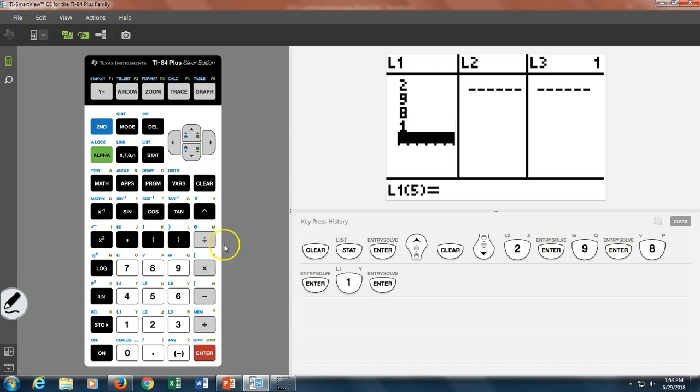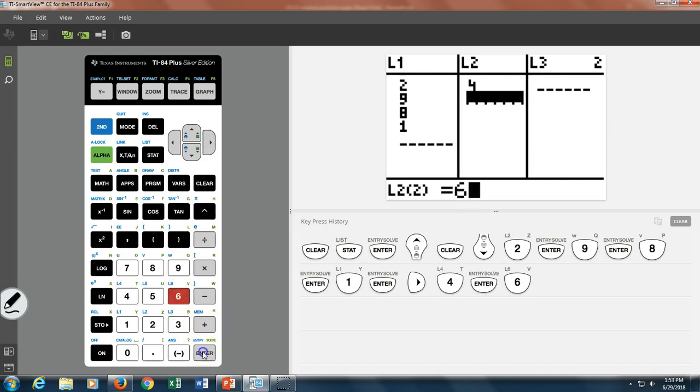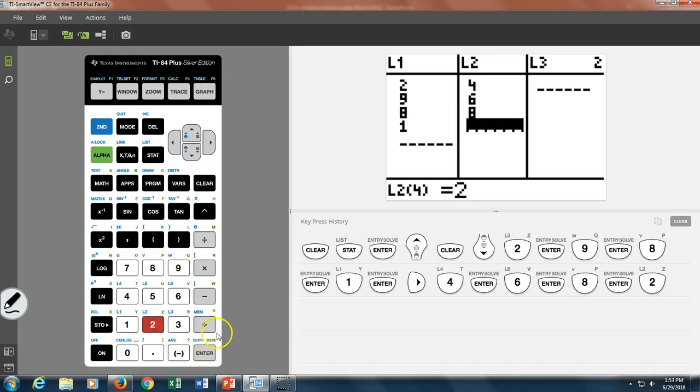There we go. And then remember, L2 was the expected values you'd get, where we multiplied 20 times our percentages, and that was 4 and 6 and 8 and 2.